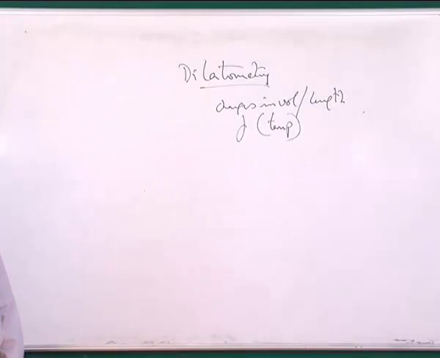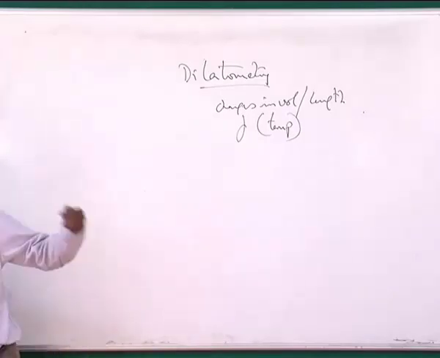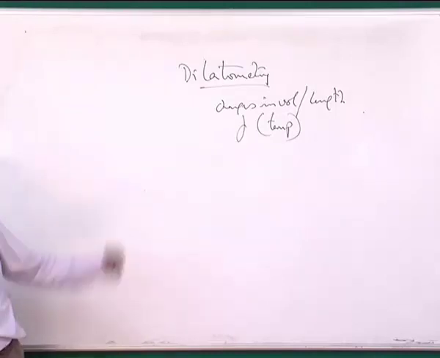And what do we use it for? If you want to know the coefficient of thermal expansion of certain materials, how materials expand as a function of temperature, we can use this for finding out the thermal expansion.